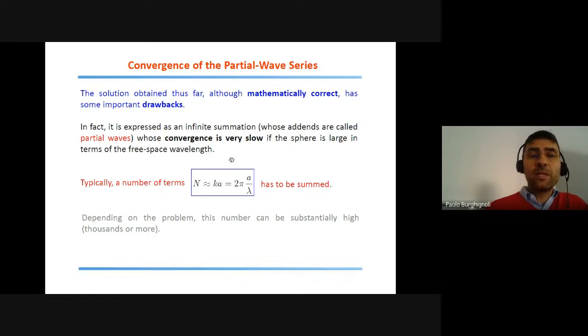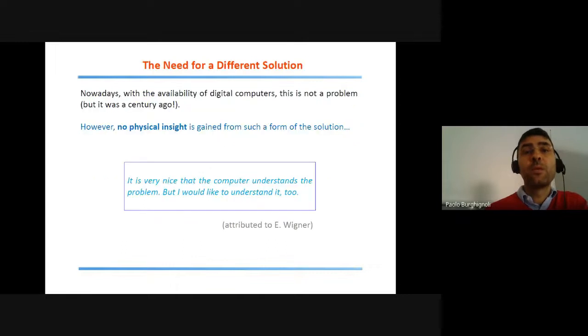One could check that the number of terms that is needed to start having a reasonable convergence is of the order of the electrical length of the radius of the sphere, that is, of the quantity k times a, that is 2 pi times the ratio between the radius of the sphere and the free space wavelength. And depending on the problem, this number can be very high, for example, thousands or even more than that.